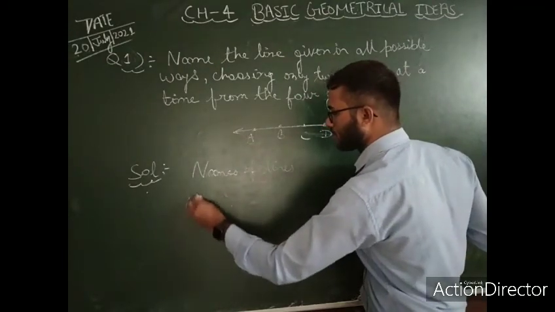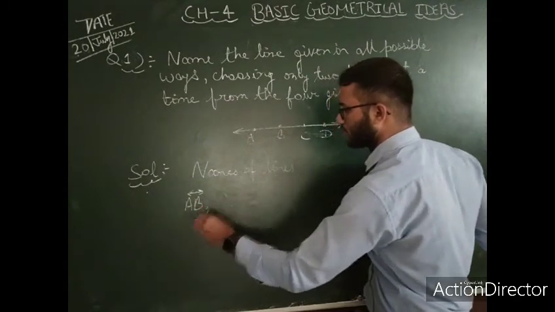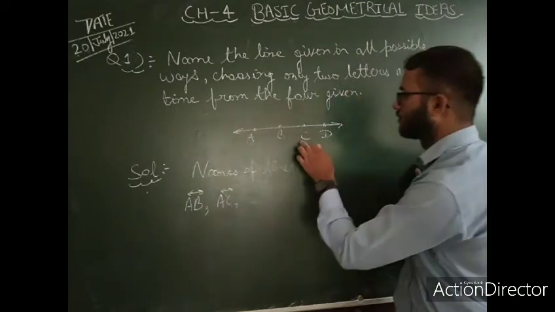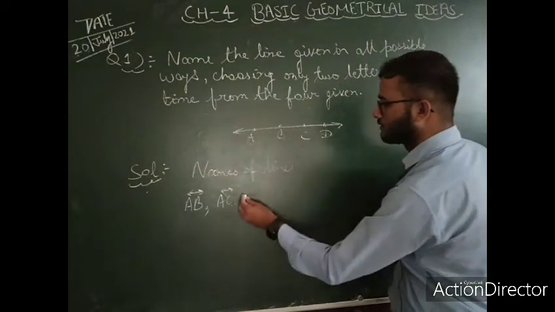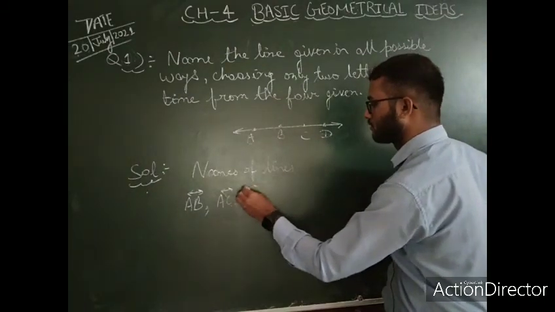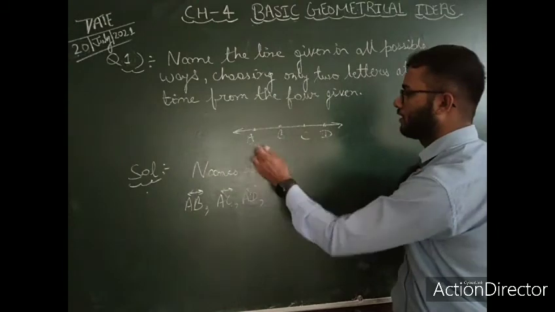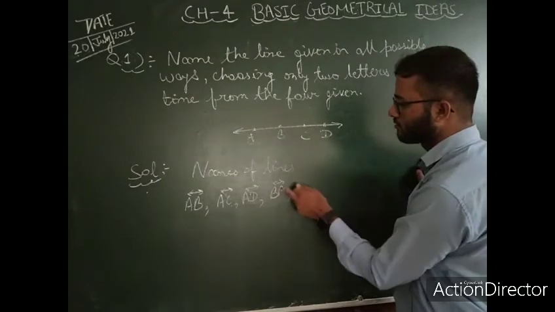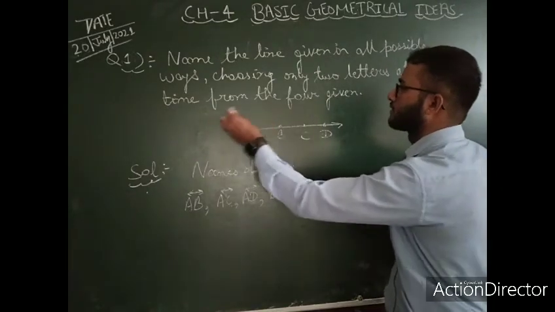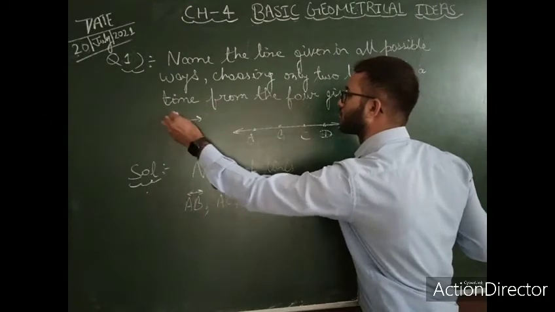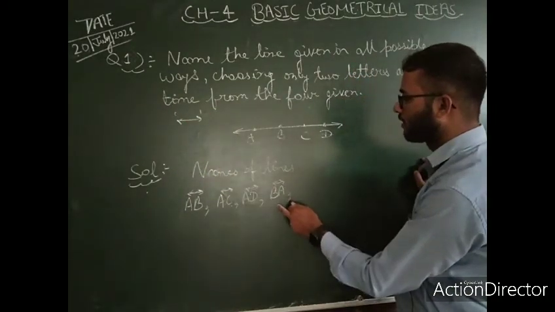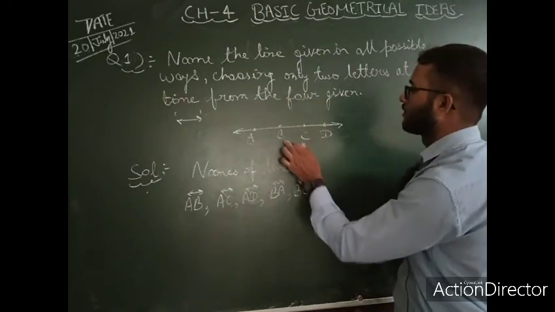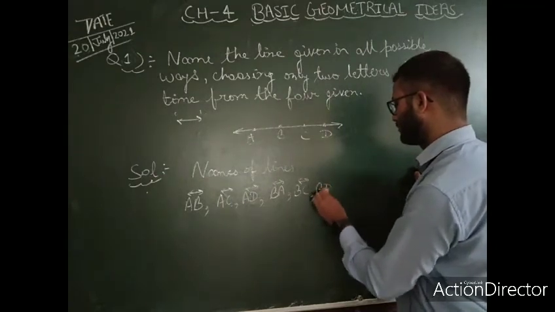So if we start from A: line AB, line AC, line AD. Then we take B: line BA, and here we use the symbol of a line, a double-sided arrow, like this. BA, BC, BD.